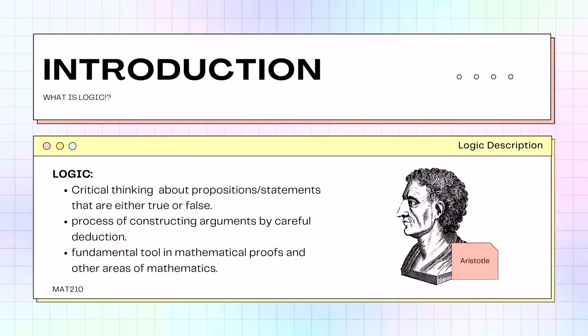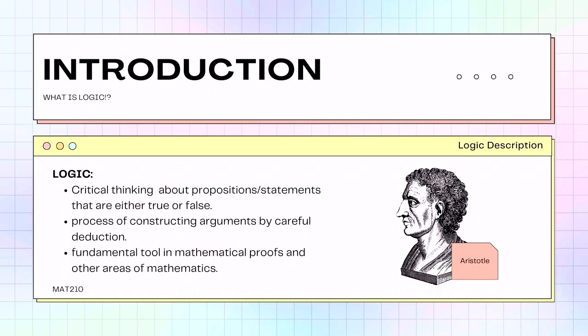So, what is logic? Basically, logic is the study of reasoning and arguments. It is a branch of mathematics that deals with the principles and methods used to distinguish correct from incorrect arguments and reasoning. In other words, it is the process of constructing arguments by careful deductions.